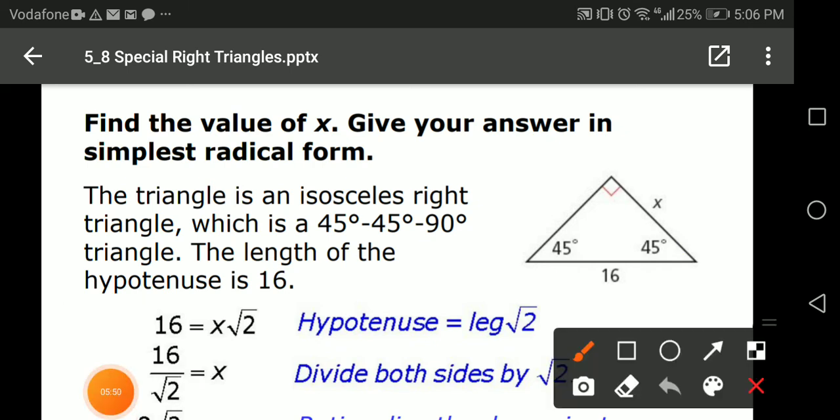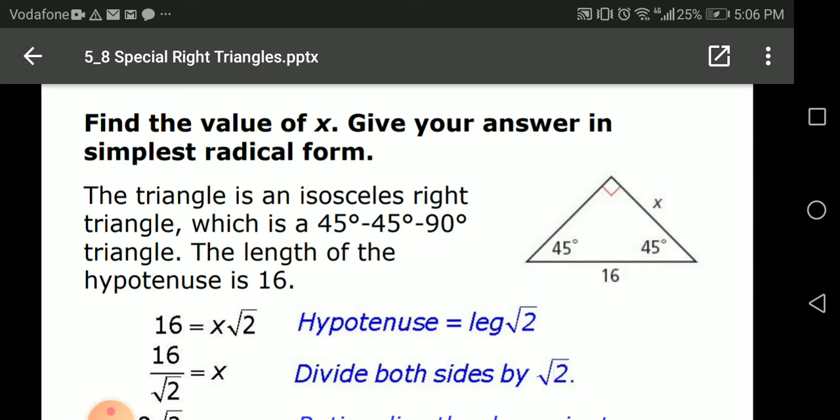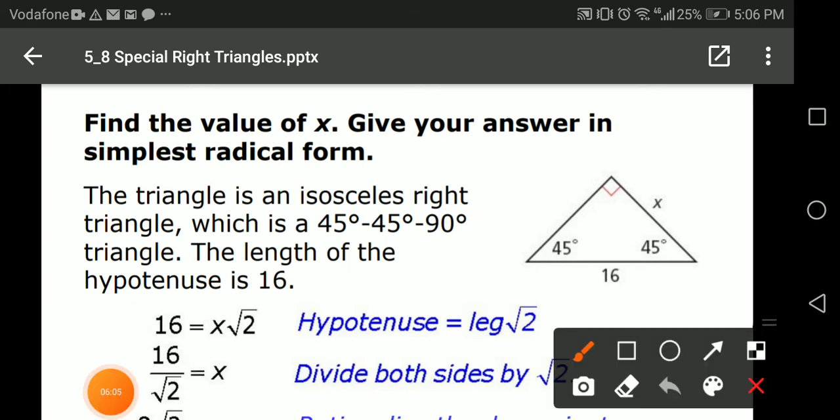Because when two angles are equal in a triangle, the two sides opposite them are equal. Remember that? So this is an isosceles triangle. The hypotenuse here is 16, and the two legs are L and L.